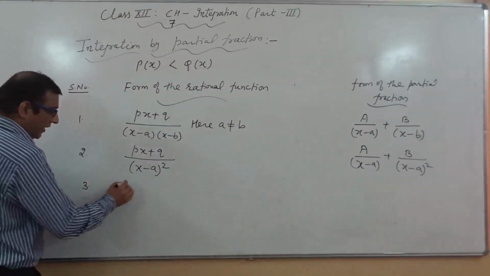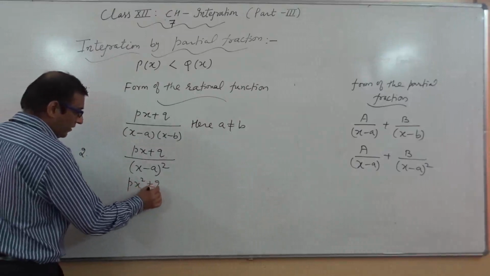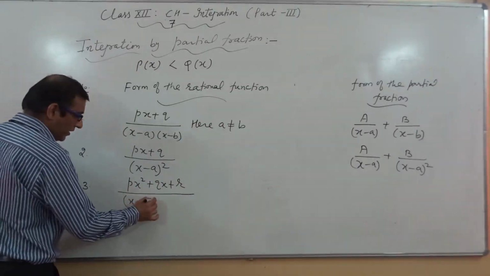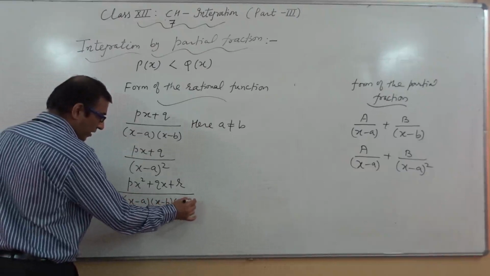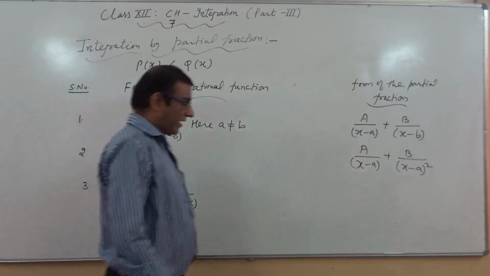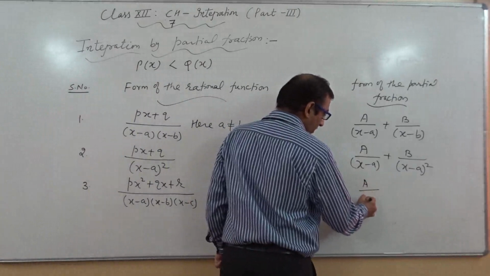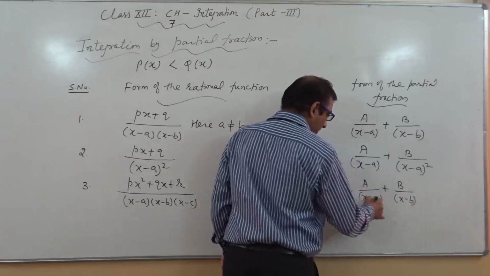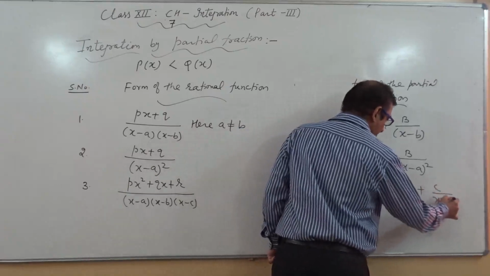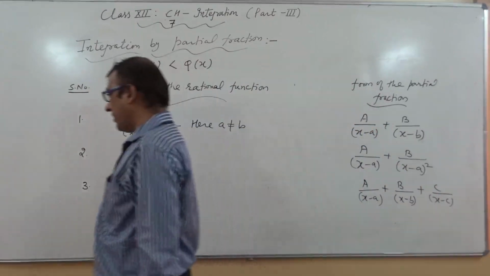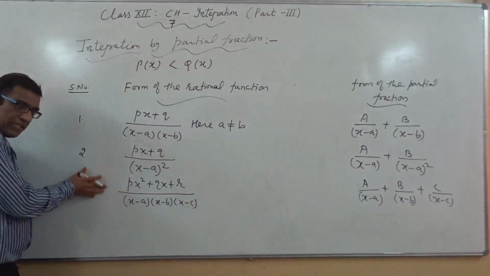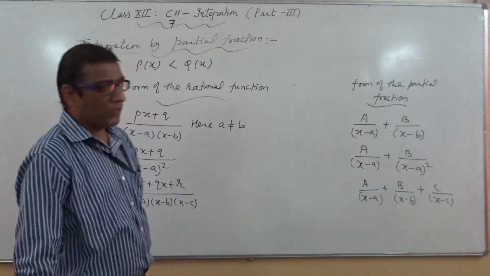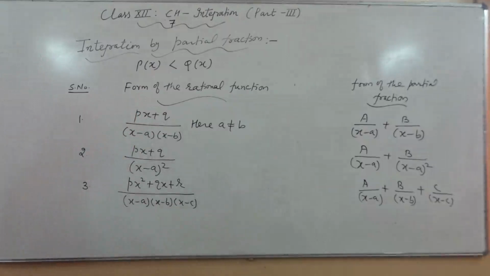In the third point we have (px square plus qx plus r) upon (x minus a)(x minus b)(x minus c). It can be written as A upon (x minus a) plus B upon (x minus b) plus C upon (x minus c), where capital A, B, C are constants.